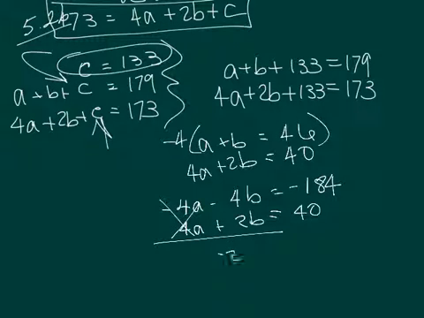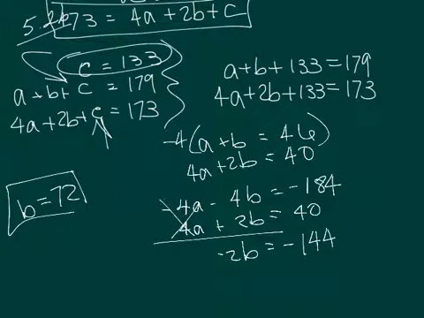I get negative 2b equals negative 144, or a b of 72. Then I go back and back substitute, and I get my a variable being negative 26. I'm not going to do all the math. And then my c, I've already said, is 133.